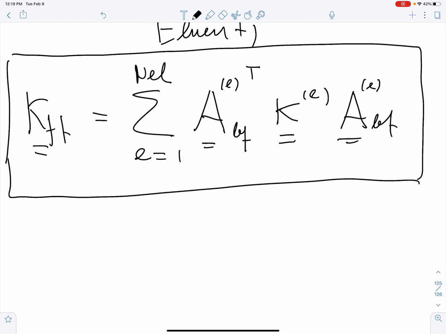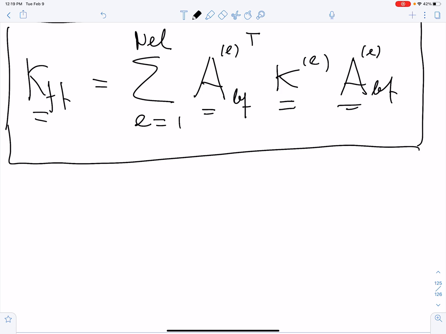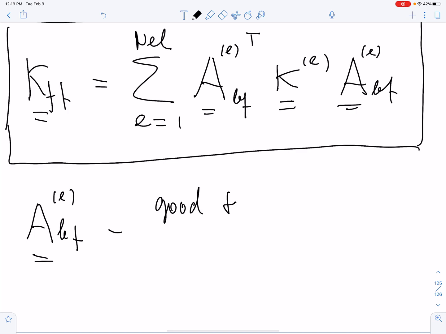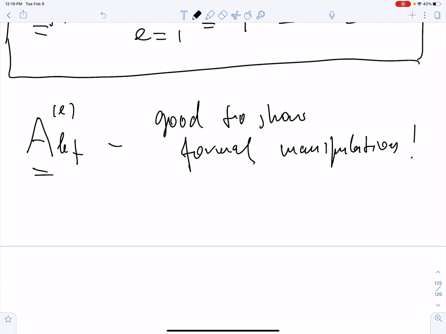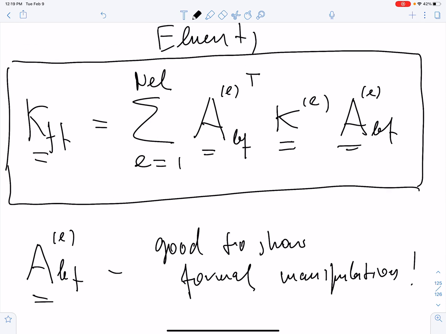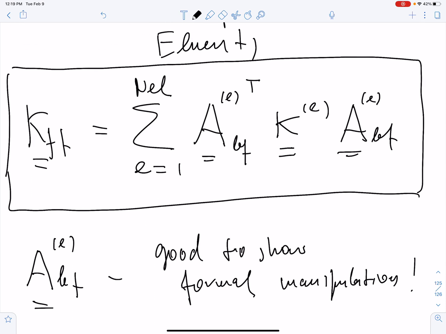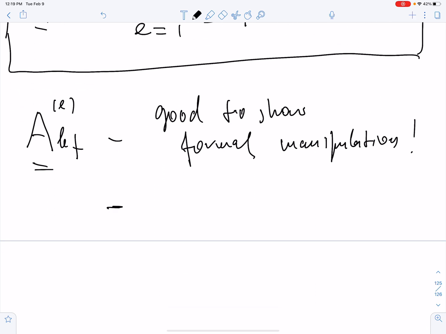Okay, now let me close this lecture by saying that ABFE is good to show formal manipulations, to arrive at this form and to explain that you need an object of one size on the left, KEs have a different size, and AEs bring things to the right locations and the right size, but it is never used in practice.